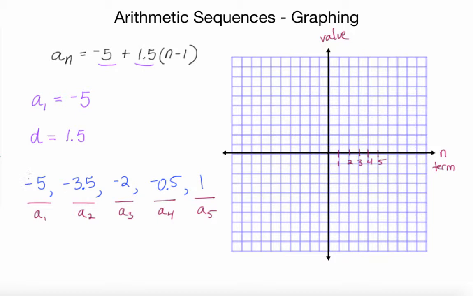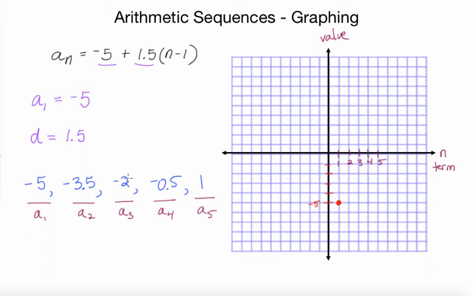So for my first term, the value is -5. I'm going to find for the first term, -5: -1, -2, -3, -4, -5 is right down there. I'm going to put a dot right here showing that on the first term of my sequence, where the 1 is, it was a value of -5.